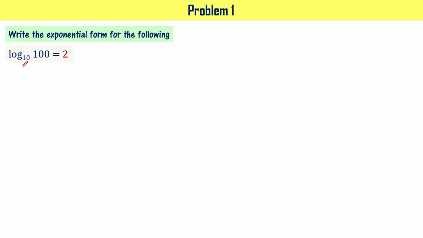So let's write now 100 as 10 square. If you see here, this goes as power and this is your base, right? So 10 square equal to 100 is the exponential form, or 100 equal to 10 square.